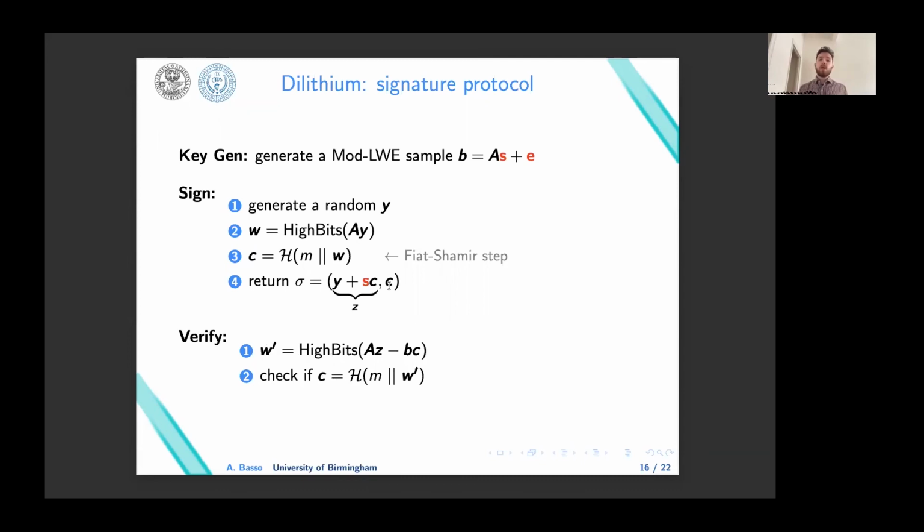So in this way, Alice can sign any message M, and only Alice can sign this, because if you don't know the value S, nobody else can forge a signature.